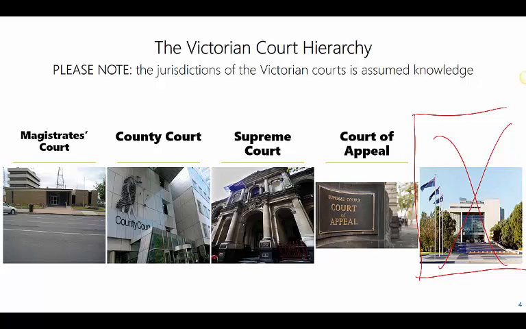Please note, as I've said at the top, the jurisdictions of these courts, so what they actually do, is assumed knowledge in Year 12. If we wanted to do a quick recap, it's pretty simple.